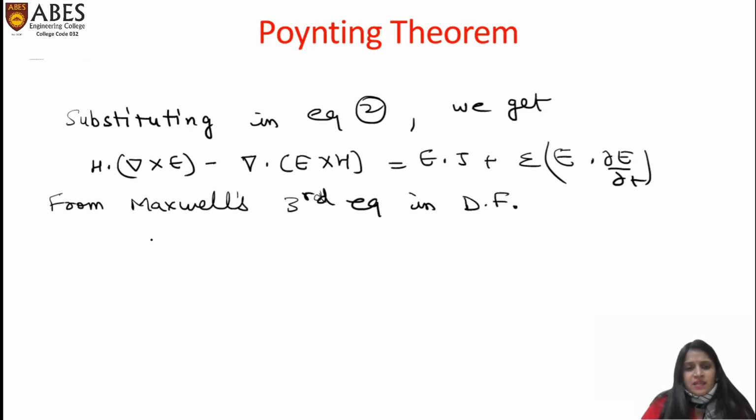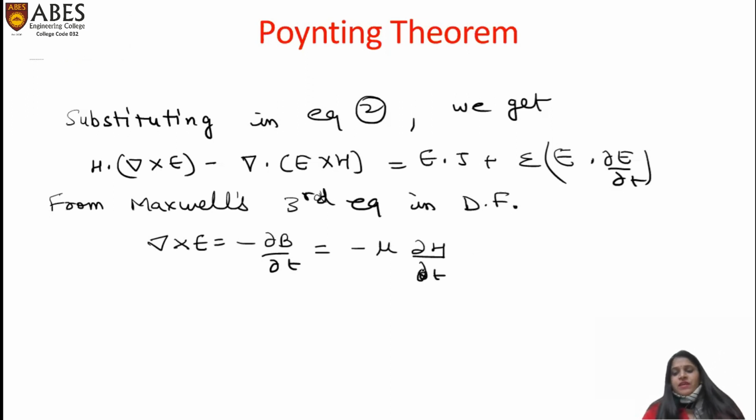Del cross E is equal to minus del B by del T, or we can write minus mu del H by del T, because B is mu H. So this we can substitute in equation 3, the value of del cross E.